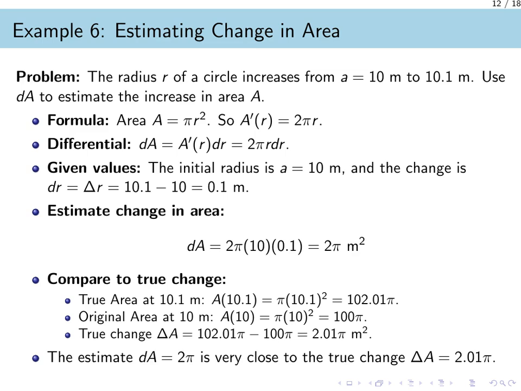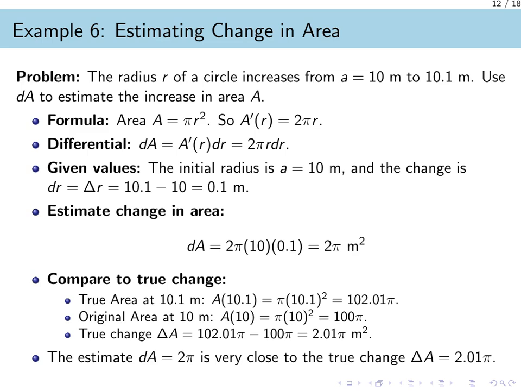The initial radius r is 10 meters, and the small change in radius, dr, is 0.1 meters. This gives us an estimated area increase, dA, of 2 pi times 10 times 0.1, which simplifies to 2 pi square meters.